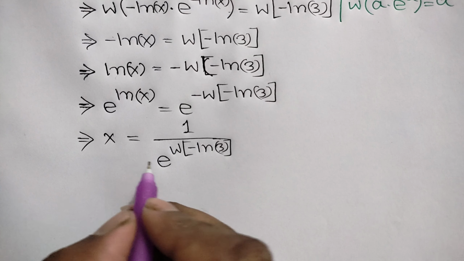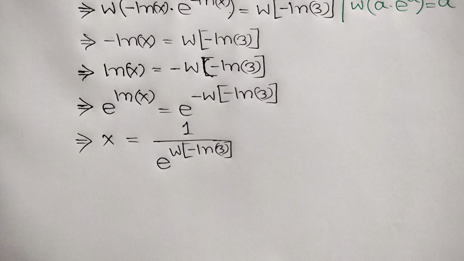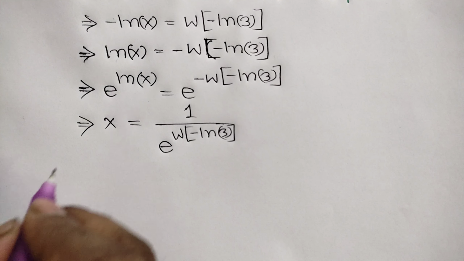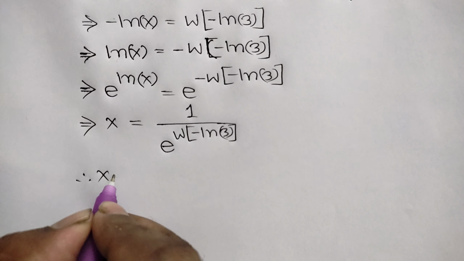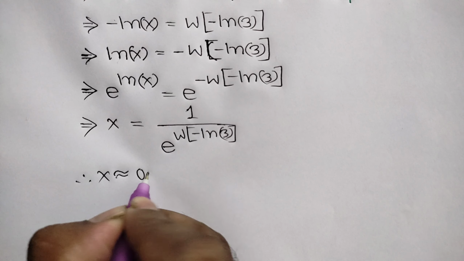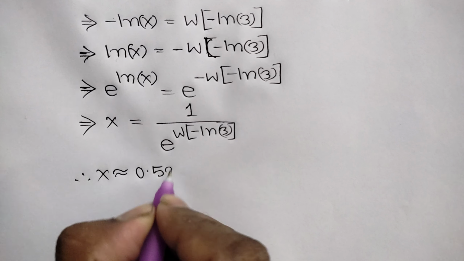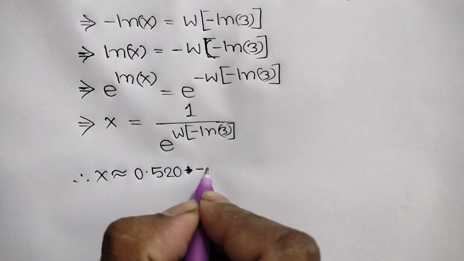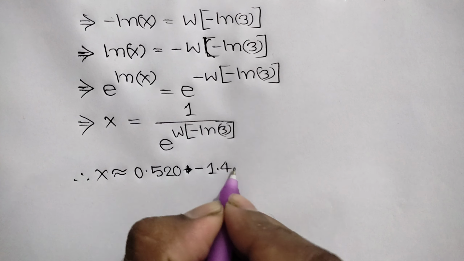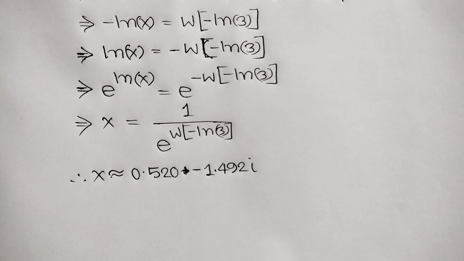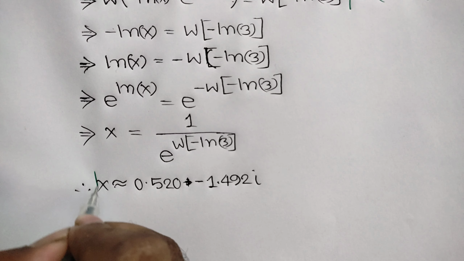Here x is not a real number, this x is a complex number, so the approximate value of x is 0.520 minus 1.492i, and it is our final answer.